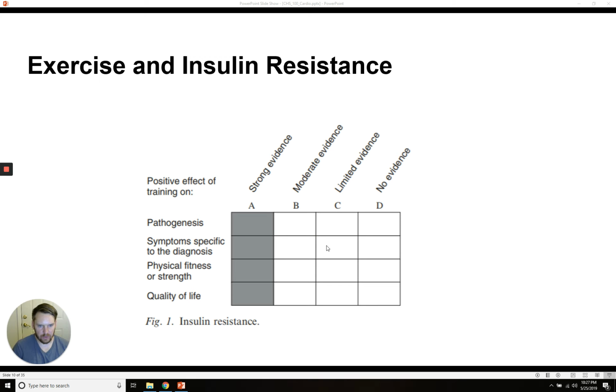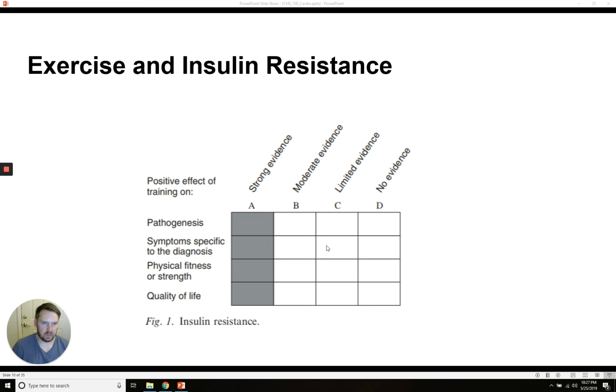And what they found was that for insulin resistance, basically for type 2 diabetes, we have very strong evidence for the pathogenesis, for the symptoms specific to the diagnosis, on physical fitness and strength, so improving fitness and strength, and also improving quality of life.